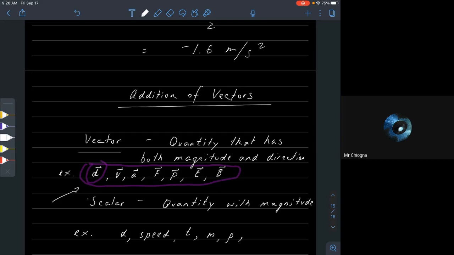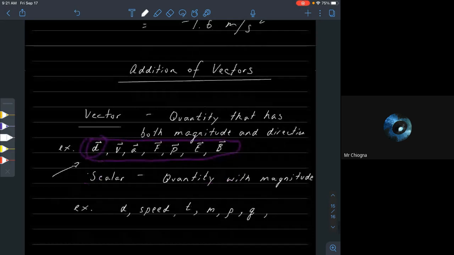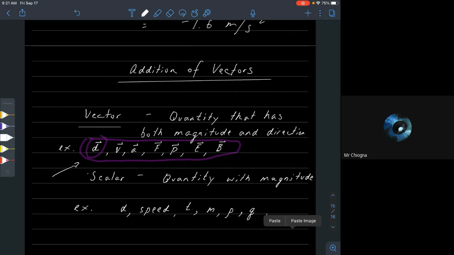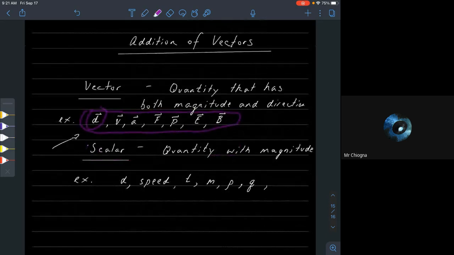Charge. That's a symbol for charge, Q. Yeah, there's more that we'll add to the list as we go along. Those are just some examples. So the point is that a scalar cannot be represented with an arrow. Only vectors.